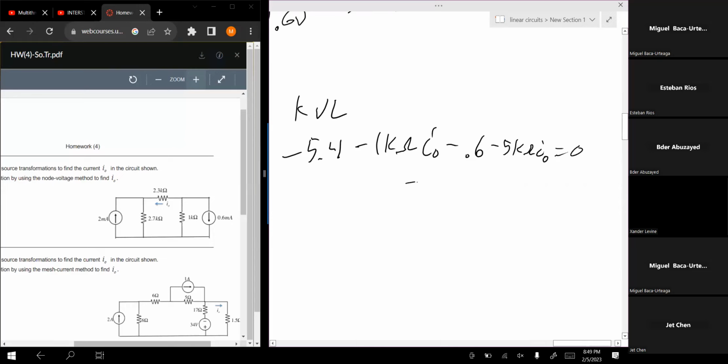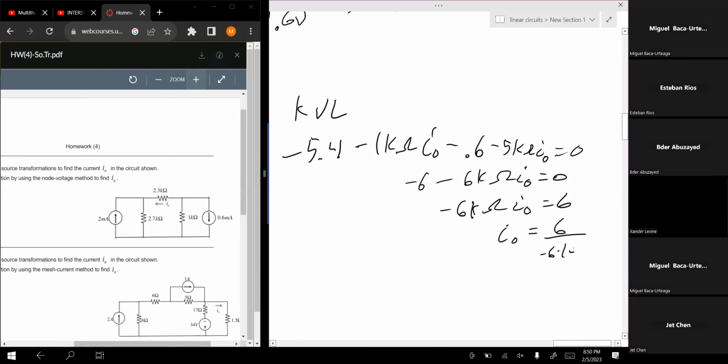So I'm going to say this is -6 minus 6 kilo ohms times I naught is equal to 0. -6 kilo ohms I naught is equal to 6. So then I'm seeing I naught is equal to 6 divided by -6 times 10 to the 3.